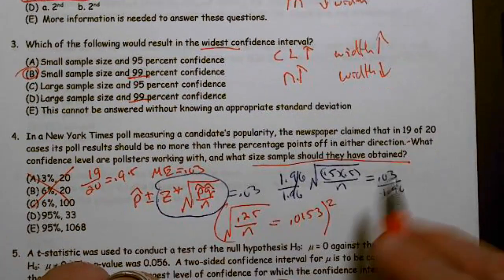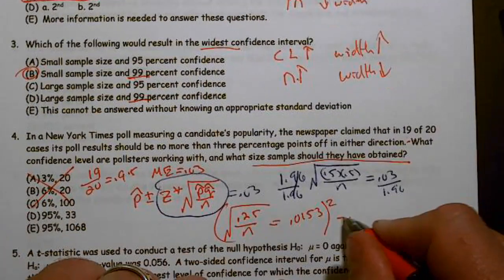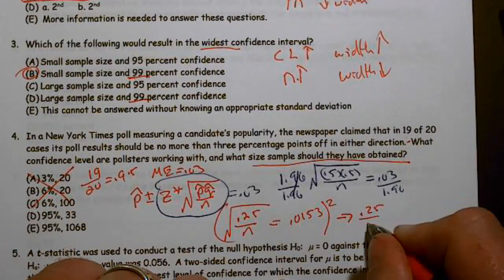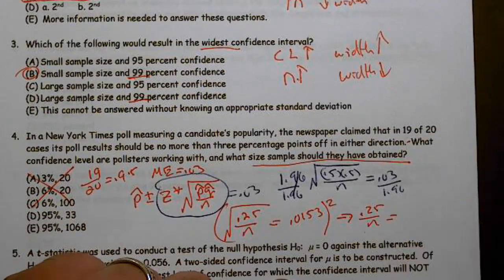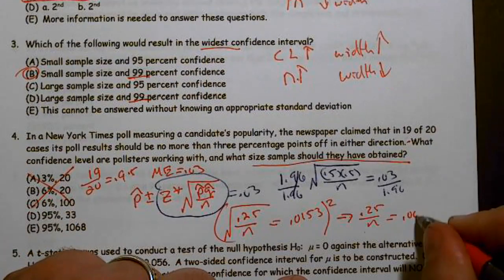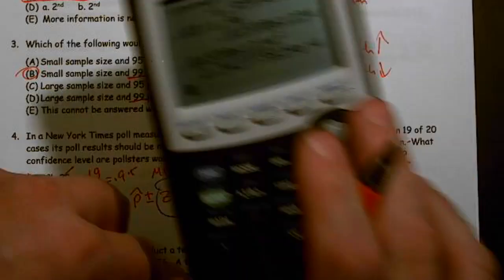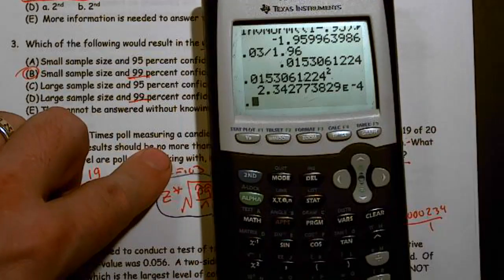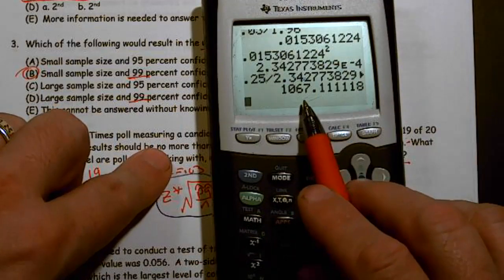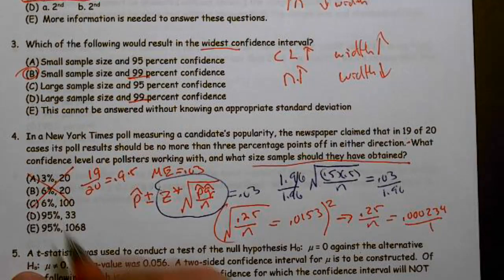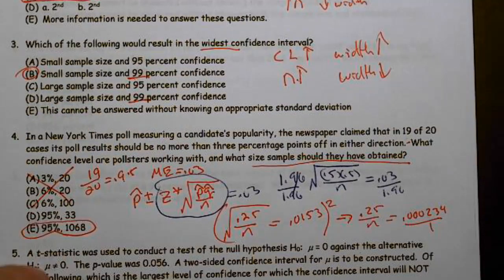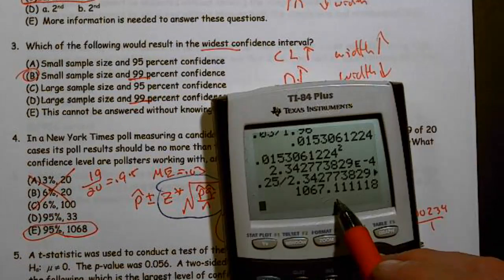And this is now going to be 0.25 over n equals, I didn't square that, 0.00234, put that over 1, and 0.25 divided by that value, and I get 1067.1, which rounds up to 1068. Remember, you always have to round up, even though that's a 0.1.